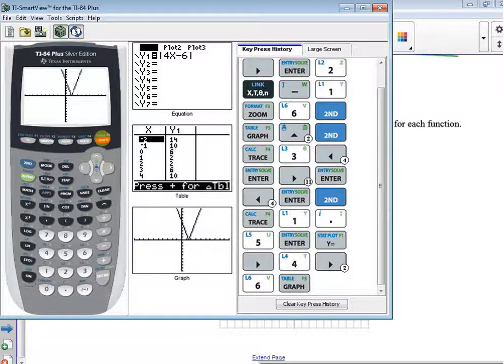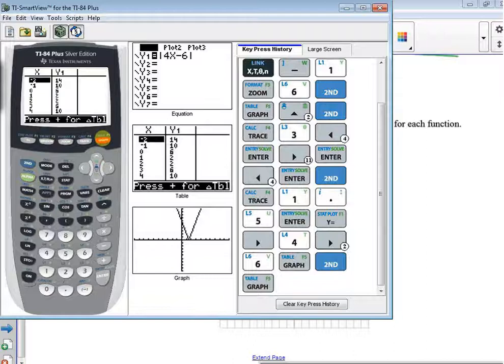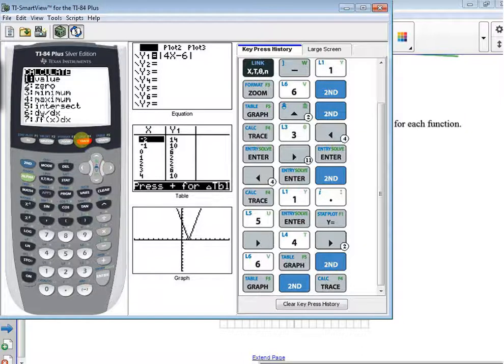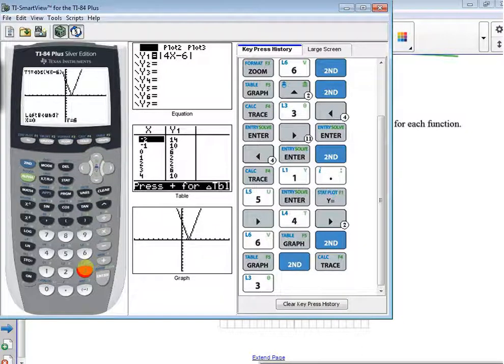Now I'm going to go to my table, second graph, and there you can already see the rainbow. 10, 6, 2, 2, 6, 10. But it is again not showing the minimum. So you need to find it. So second trace, number 3, which is the minimum.